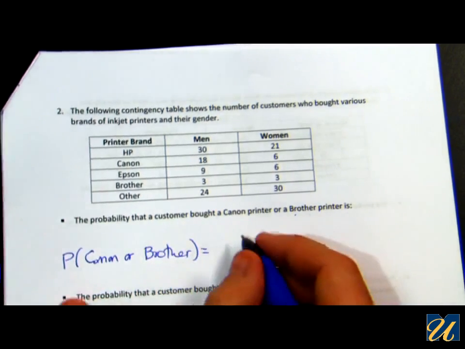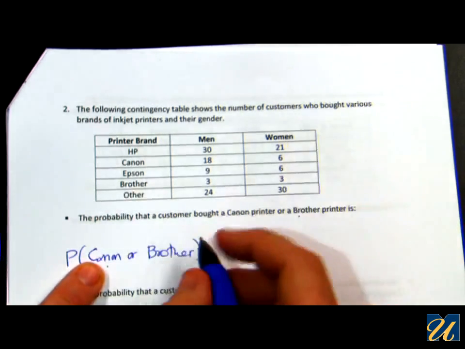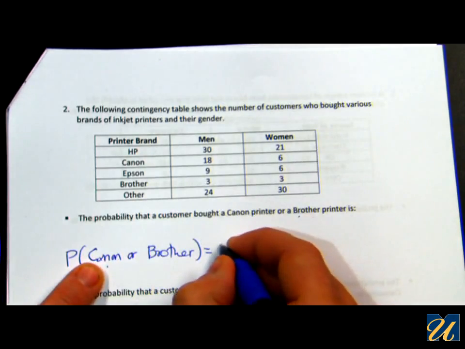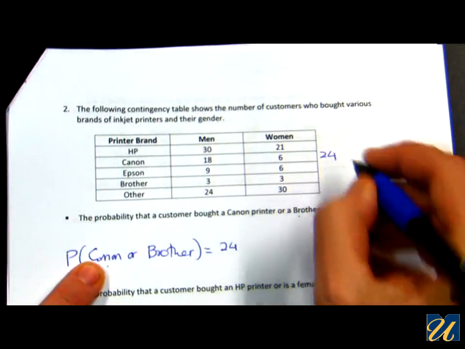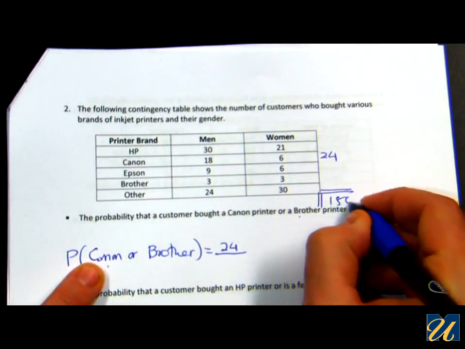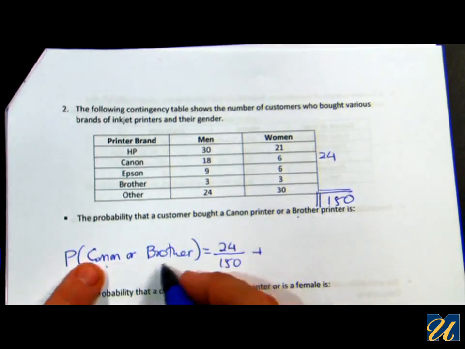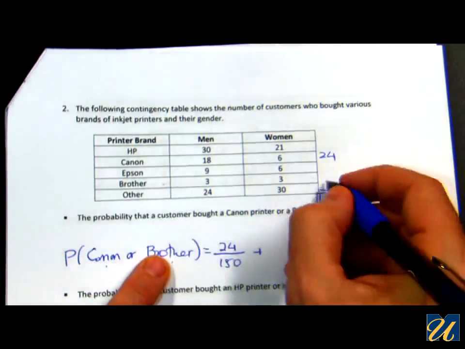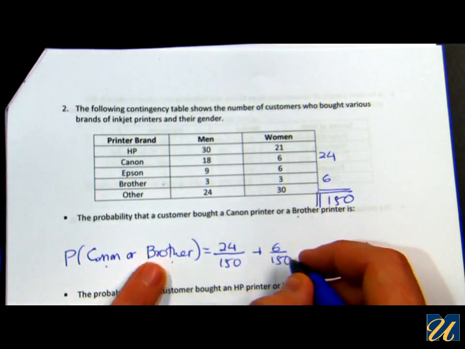So you will have the probability of buying a Canon printer, which is 24, the total here, over 150, the grand total is 150, plus Brother, we have 6 over 150.